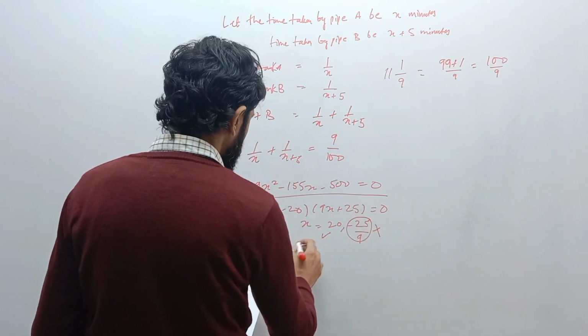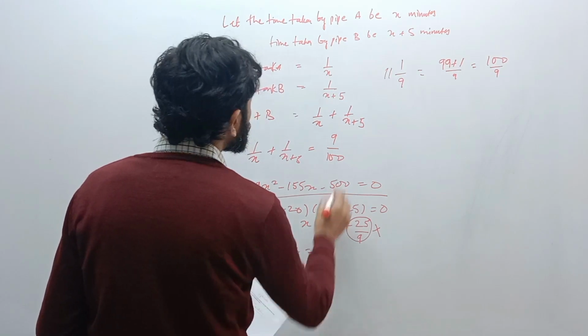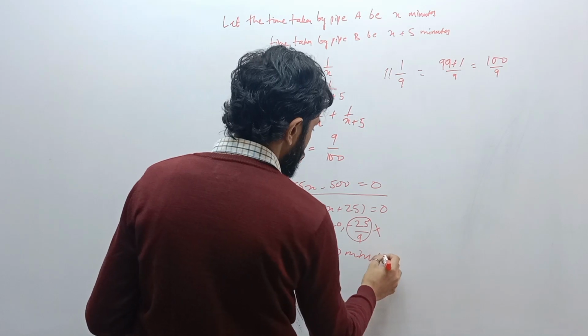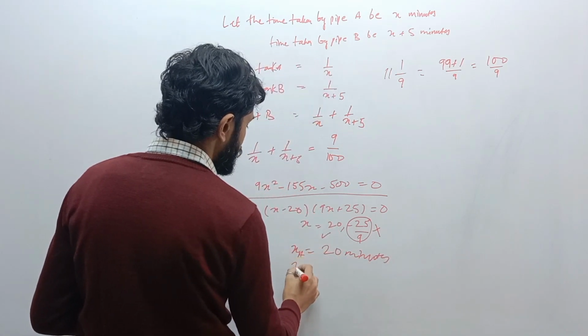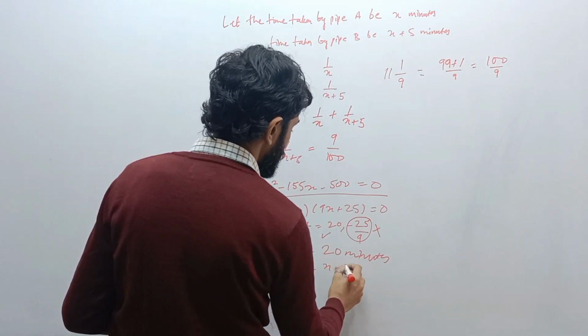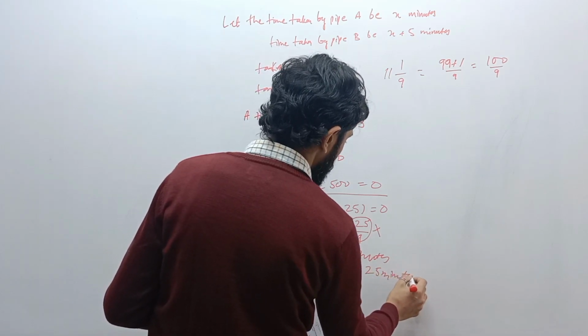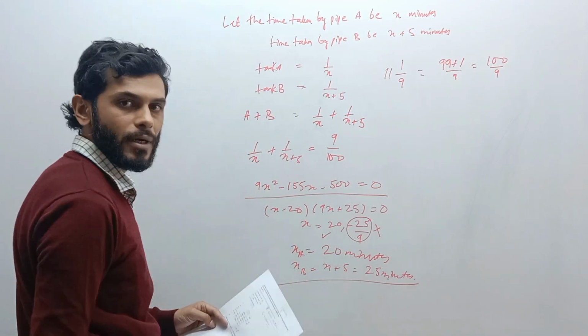So your duration of x would be 20 minutes. So your pipe A would fill in 20 minutes, and your pipe B, which is x plus 5, will fill in 25 minutes, which is your required answer.